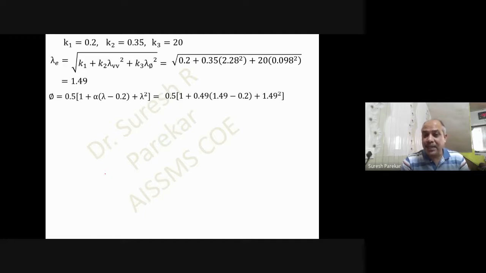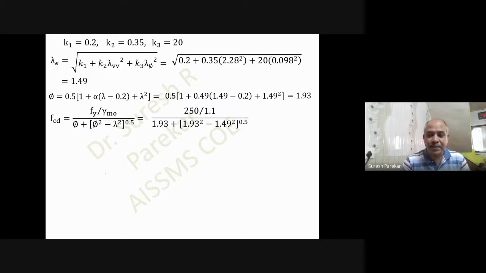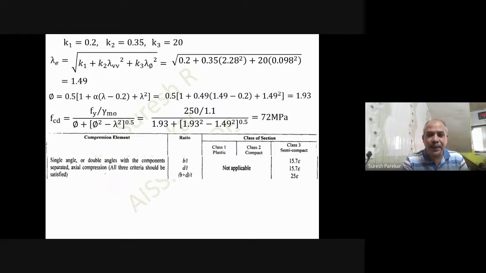From that table 7 we have alpha as 0.49, and from this we have calculated the value of phi, which I got as 1.93. Now you can see, by substituting this value of phi in this equation, we are going to get the value of FCD, and that is going to be 72 MPa.